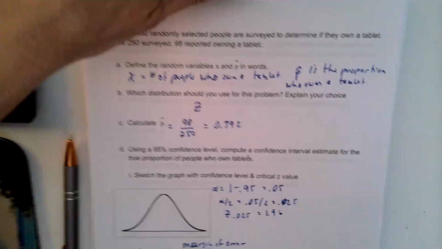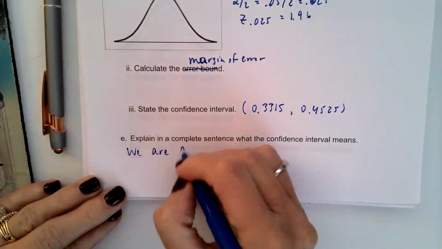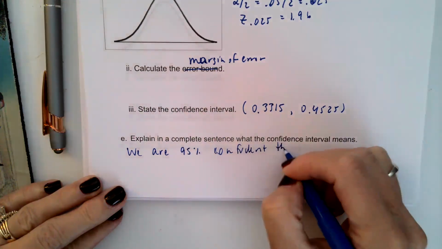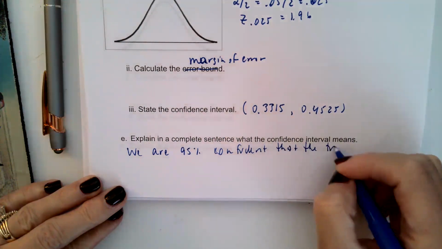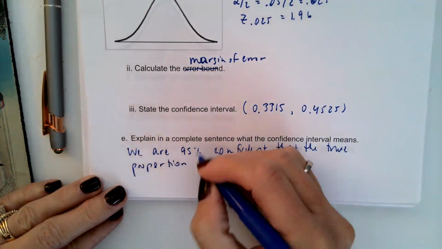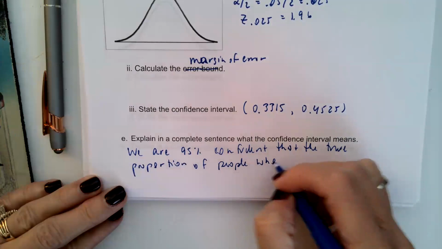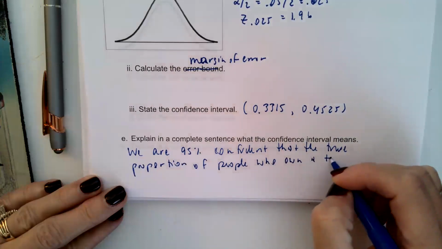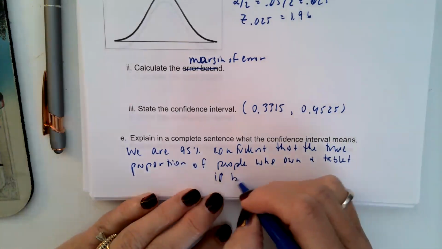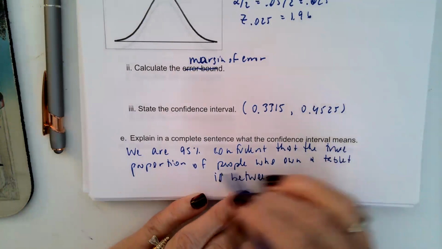Then we can do our interpretation, which is important. So we can say we are 95% confident that the true proportion of people who own a tablet is between, I'm going to put it in percentages, or you can leave it as a decimal, because I said proportion.